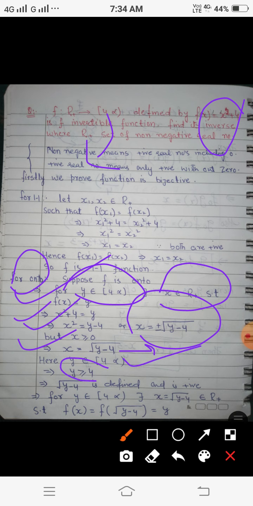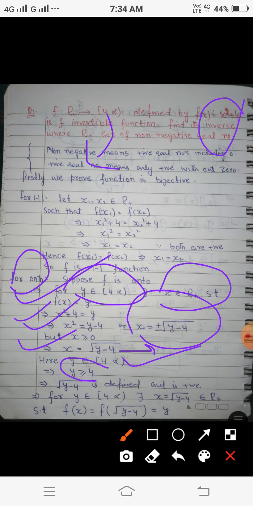So root of (y − 4) is defined, that is, it is a real number, and the root of a positive number is positive. So this x defined by root of (y − 4) is defined. Hence the given assumption is true, so we conclude that this function is onto.